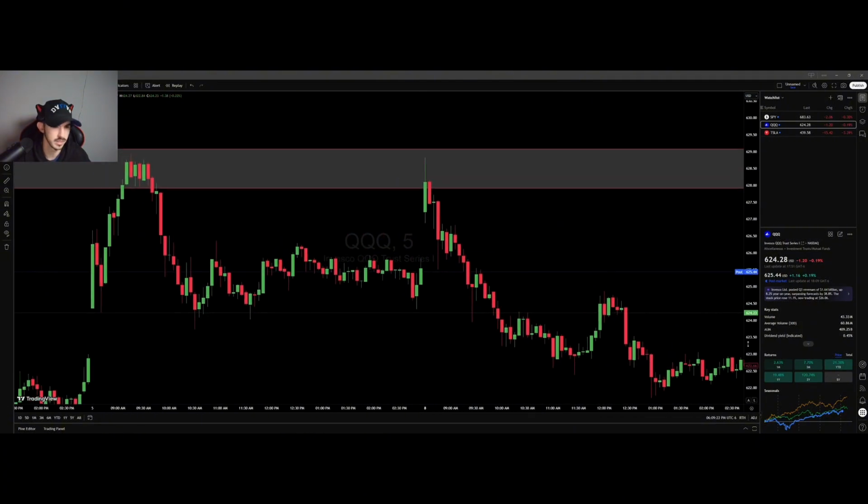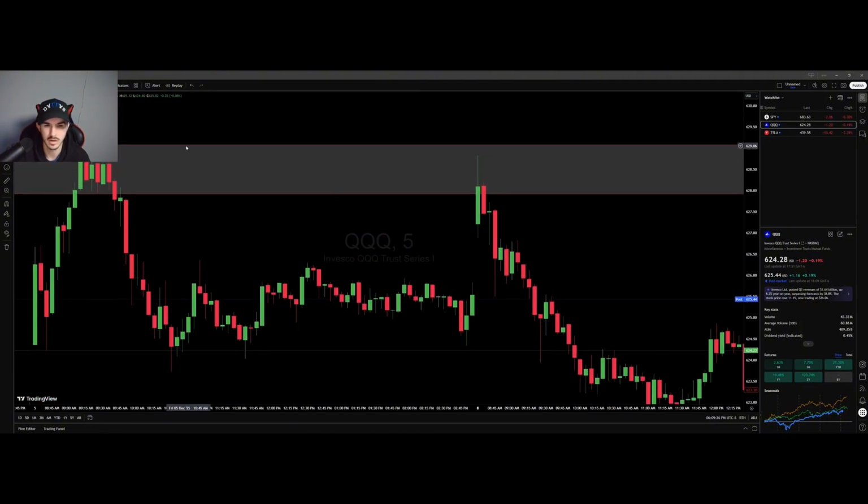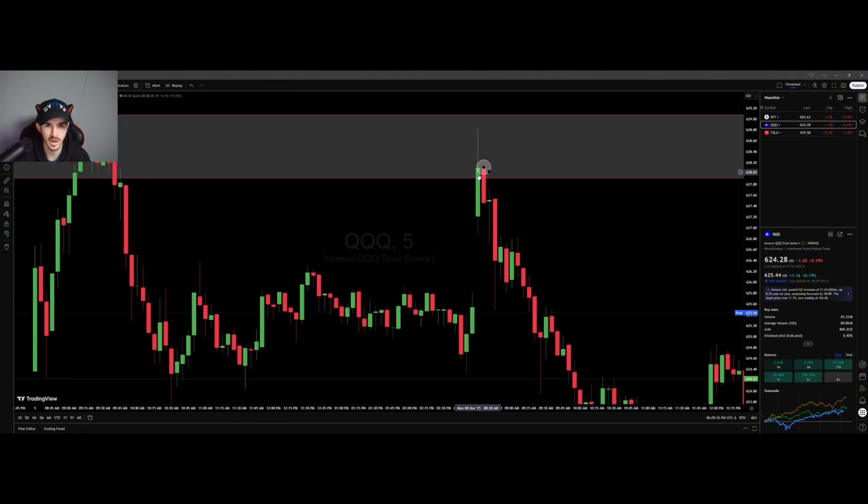I mean, this is decent. It's good enough. Right here, you guys can see we had a pretty decent upper wick. Nothing crazy, but it's a pretty good example. We have this rejection right here out of the supply zone. We have a bearish hammer, which is the same thing as the bullish hammer, but reversed.